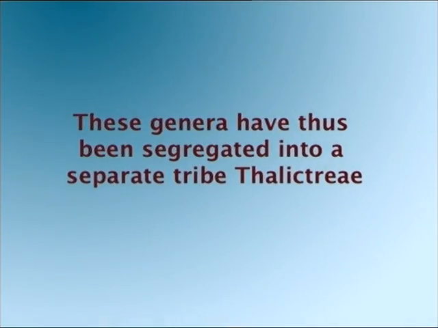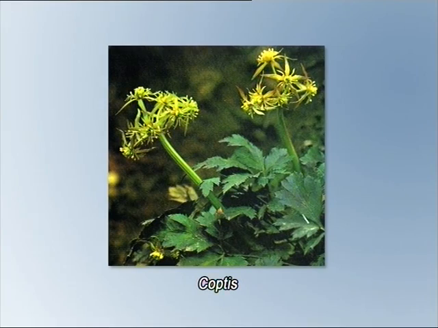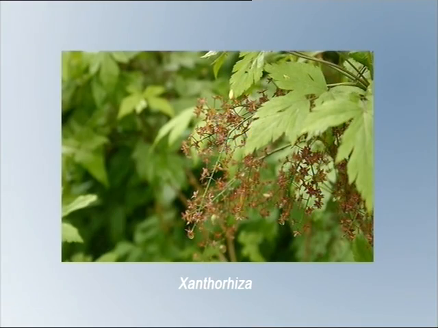These genera have thus been segregated into a separate tribe, Thalictreae. Two other genera of the Ranunculaceae, Coptis and Xanthorhiza, with small chromosomes and the base number 8, have been removed to an additional tribe, Coptideae.